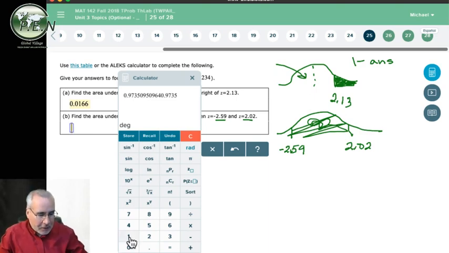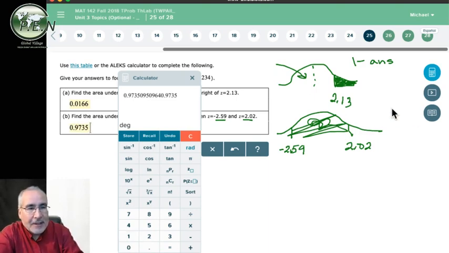I have to use my keyboard. 0.9735. Can't use the calculator for that part. Okay, so this goes down.